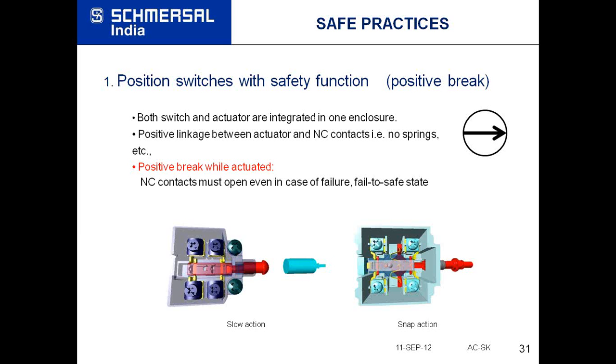Now if you apply a force, the force will be sufficient to break open those welded contacts. If the force you apply is not enough, the switch will destroy itself and still open the contacts. That is why it says positive break.